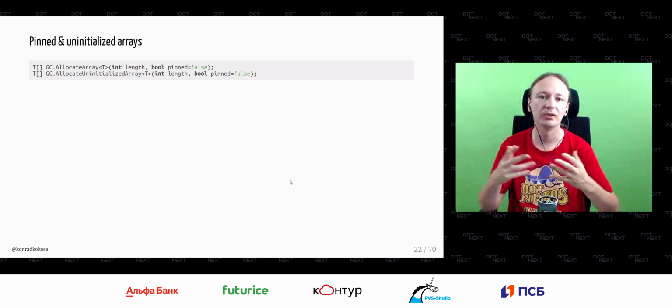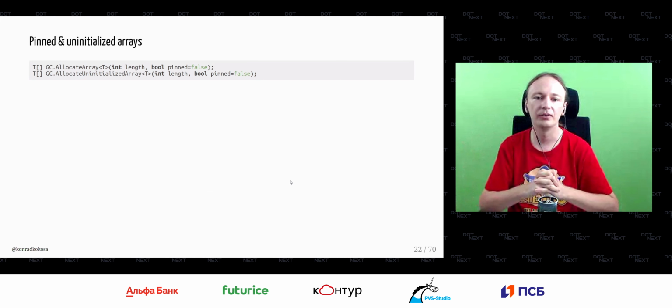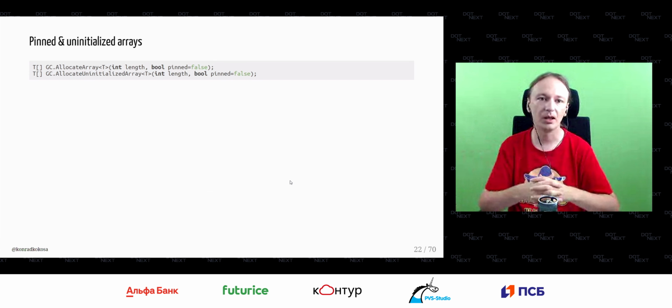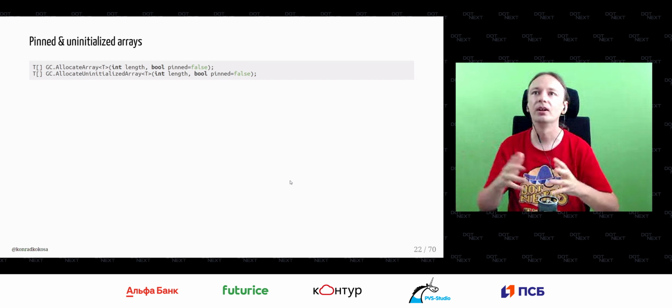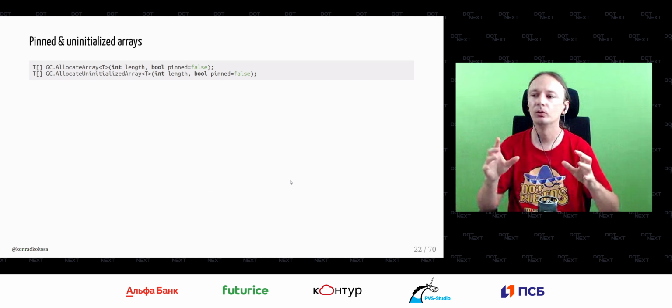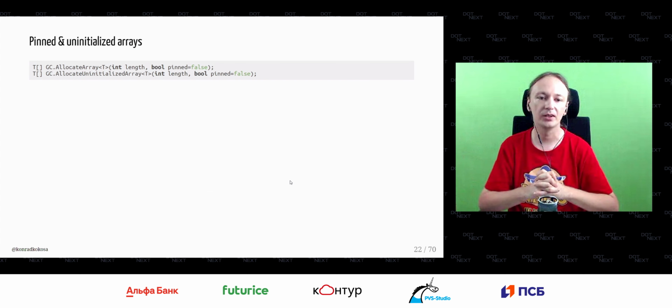As you see, they return an array, so from the caller's perspective, this is just a regular array. We have here the length, the obvious argument, and we have the pinned argument, which is a huge thing. And in fact, we have two nice things in those APIs.